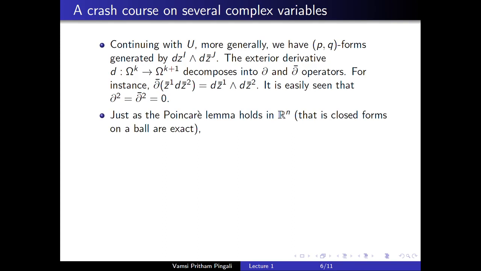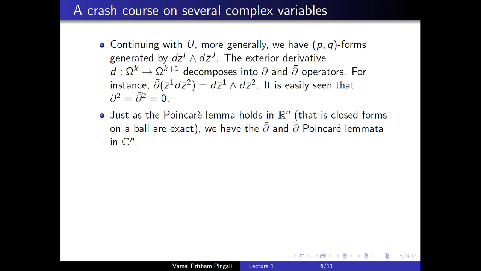So in Rn we have the Poincaré lemma. Namely, if you take any contractible open set, for example a ball or all of Rn, and any closed form, namely d omega is 0, they're all exact, namely omega is d eta. You have similar del bar and del Poincaré lemmata in Cn, except you have to be careful. These things are not true for any contractible open set. That's why whenever I say the Poincaré lemma, I'm usually referring to a ball.